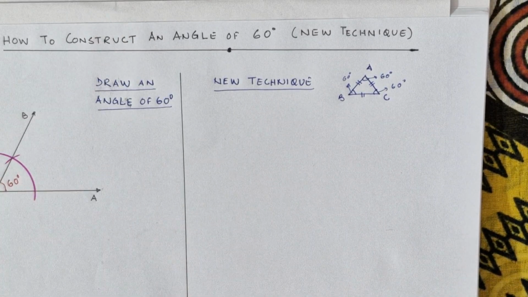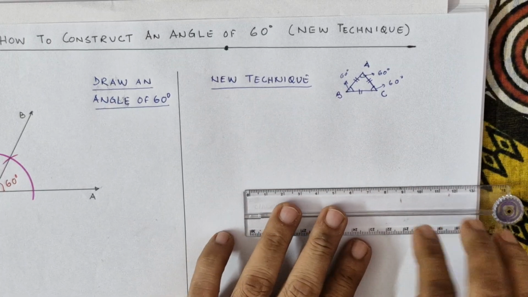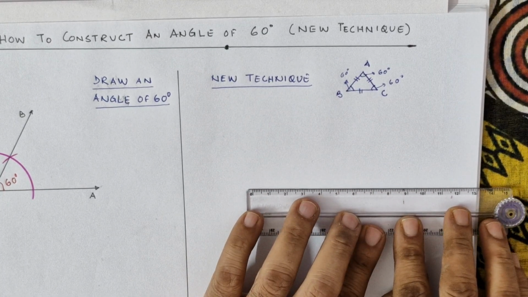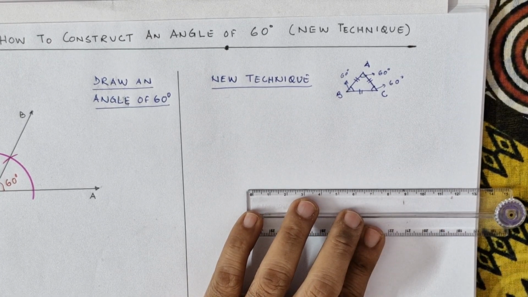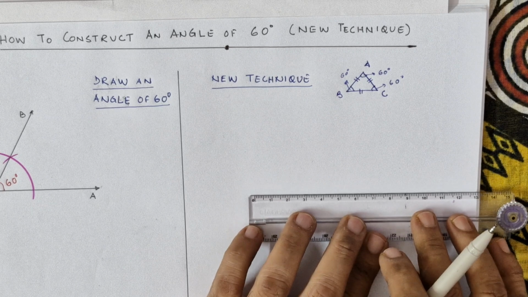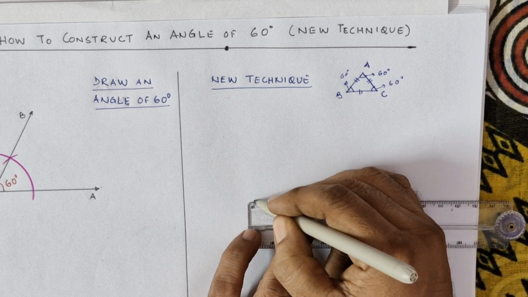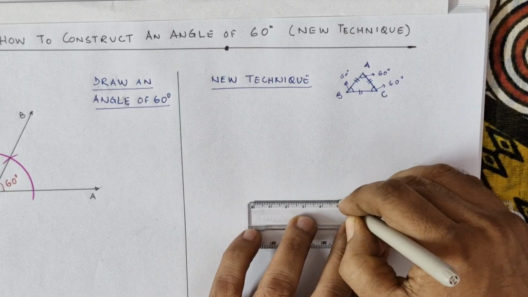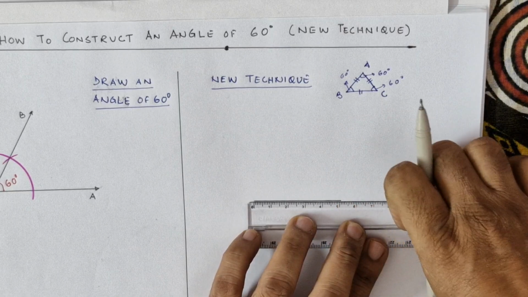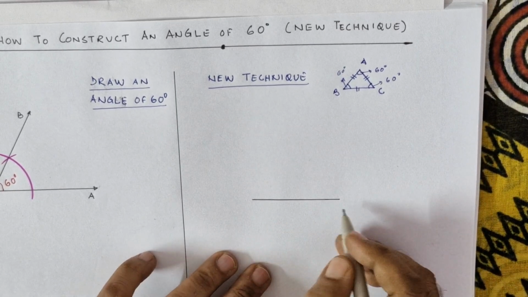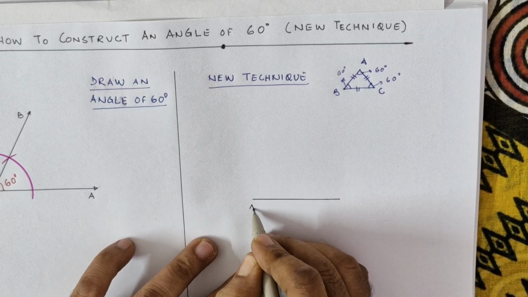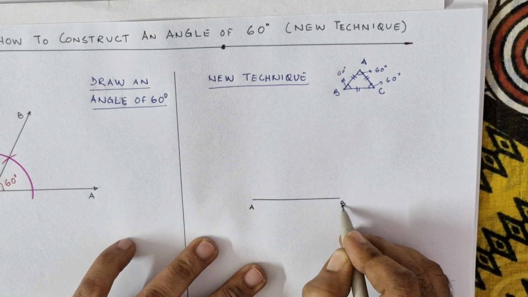Now for this, always remember, student, you need to draw a line segment of specific length. So let's say I'll take 5 centimeter. So I'll draw a line segment of 5 centimeter and I'll name it as AB.